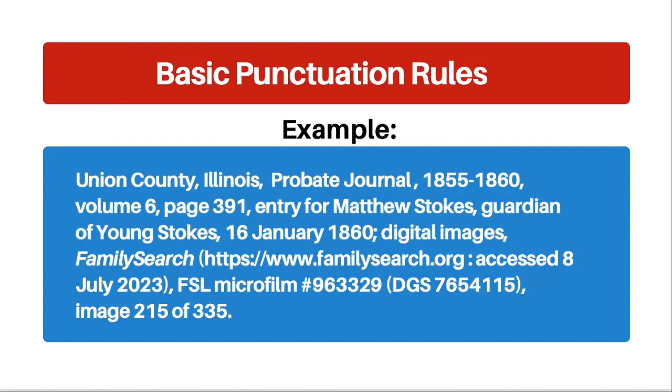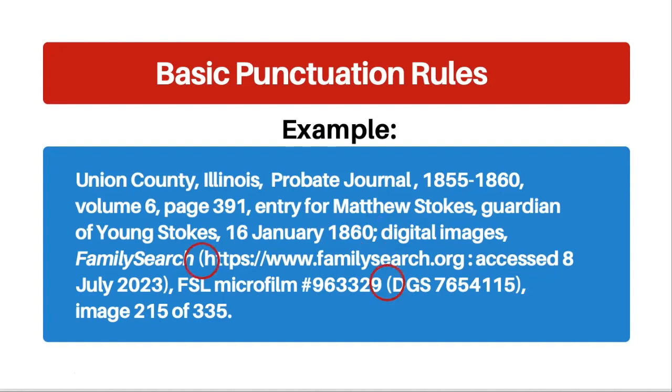Here's an example to show some of these ideas. First, there are commas throughout the entire citation, separating each element and sub-element. I chose to write volume and page out, but a volume number colon page number is totally acceptable, as is using abbreviations. A semicolon ends the source information section of this citation, and then we move on to the access information.